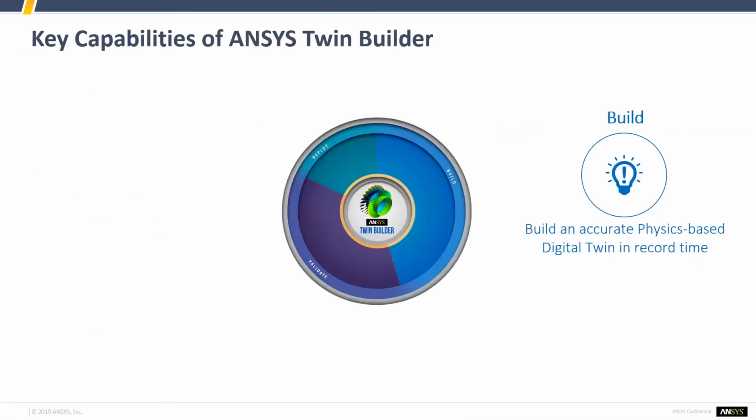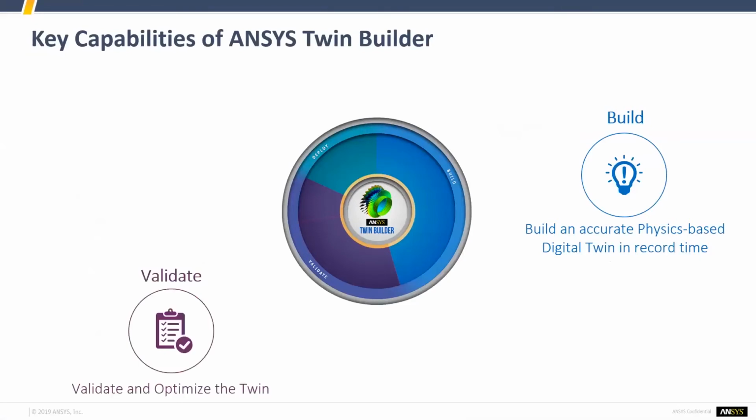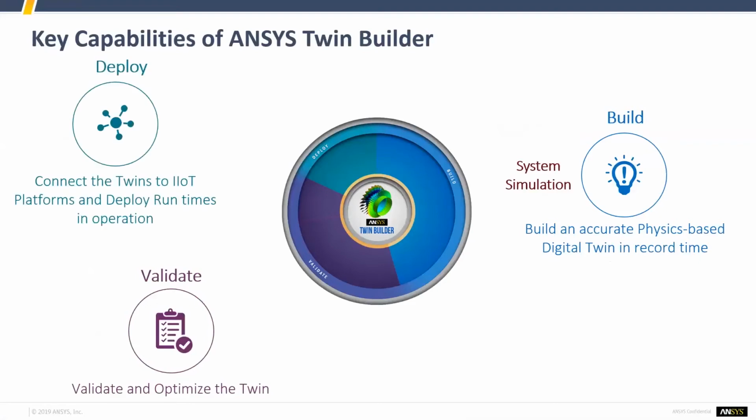So I'm going to start with the key capabilities of Ansys Twin Builder. We have three key capabilities, what we call build, validate, and deploy. Build allows us to build system simulations that are physics-based, and by using simulation, you can also deploy them as digital twins.